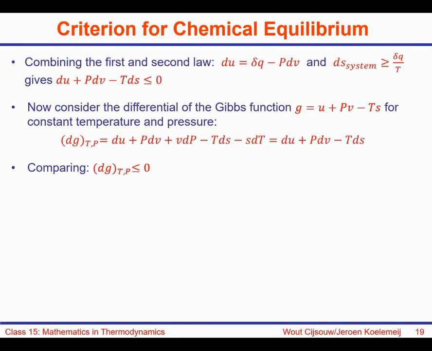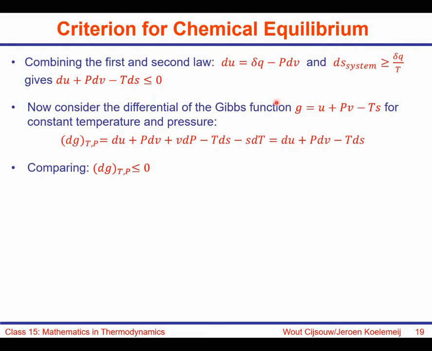Now let's see what we can do with the help of the Gibbs energy here. So we saw this expression, which we find from the first law of thermodynamics. This is again the Clausius inequality, and combining these gives us this inequality here. This entire thing is smaller or equal to 0.